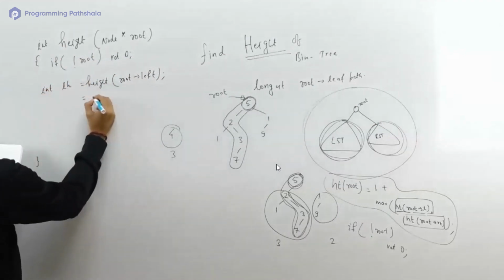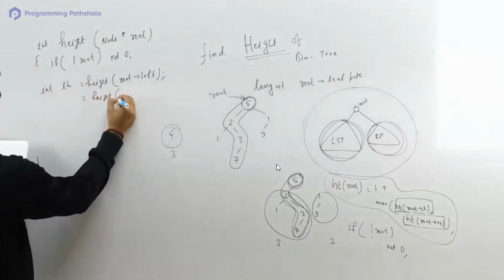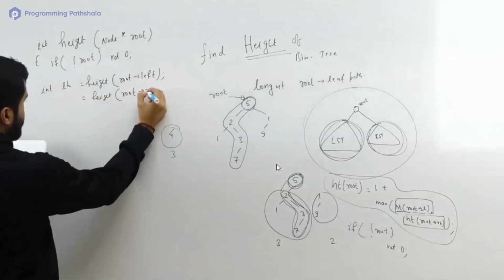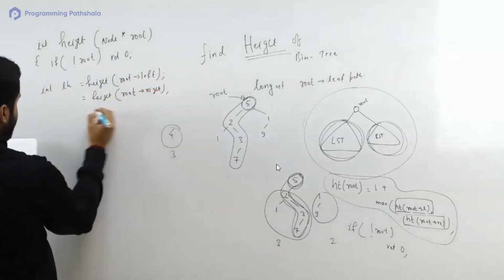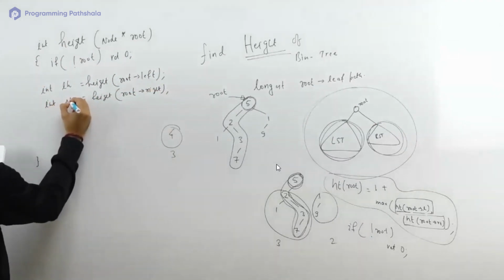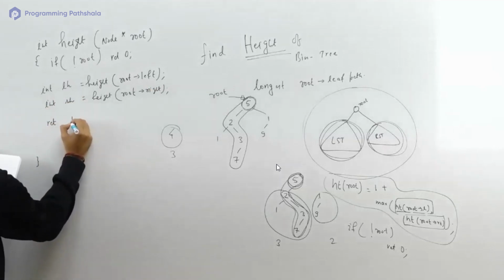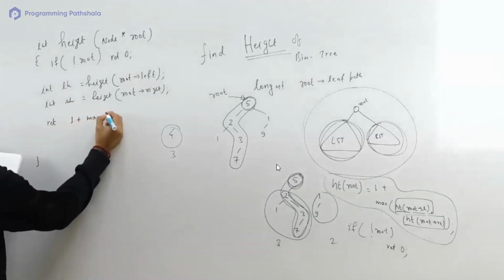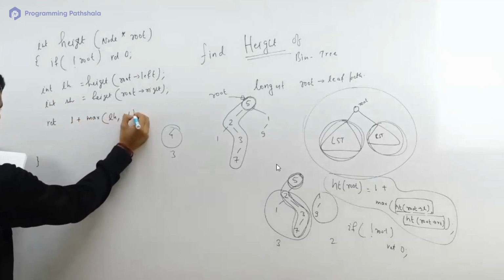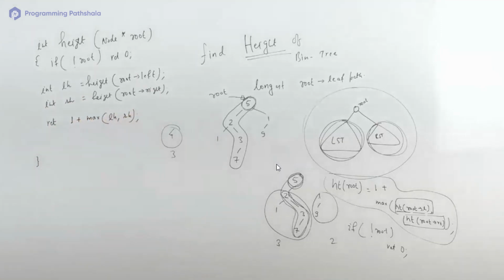Similarly, I'll call this height for the right subtree and it will give me right height. And now all that I have to do is return 1 plus max of LH comma RH. That's it. Job done. So what is the time complexity of this code?